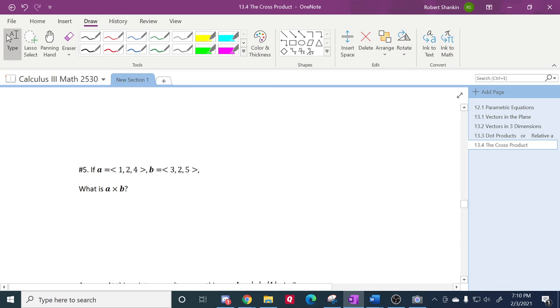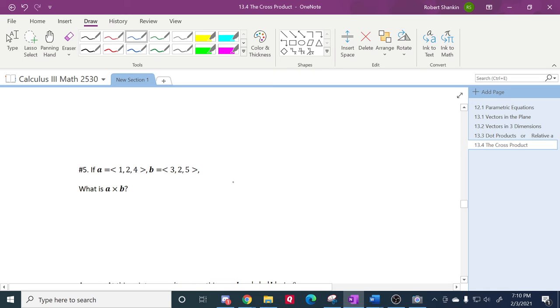Cross product. All right. We would have a massively hard time figuring out A cross B right now, because we would probably try to do this with the definition.